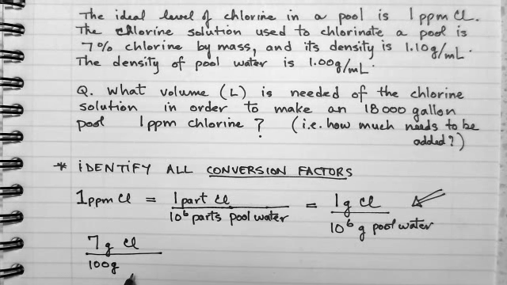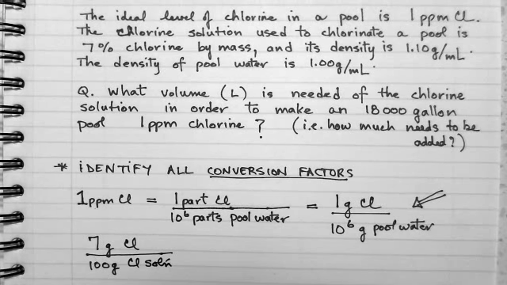What can we call this? This is our chlorine solution. We'll abbreviate it that way. Okay, so that is another conversion factor: 7 grams of chlorine in 100 grams of the chlorine solution.